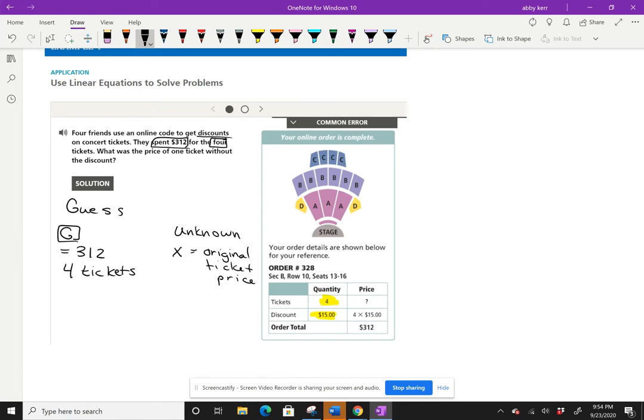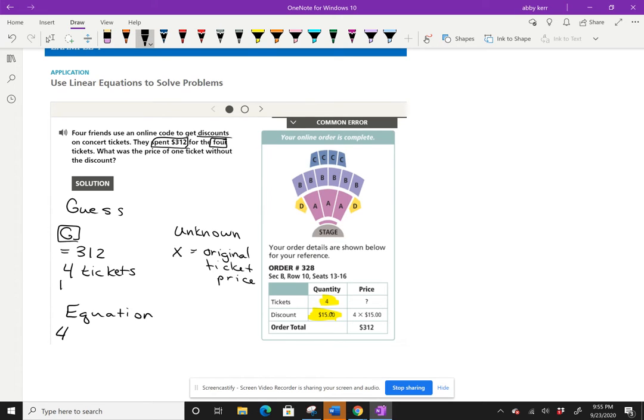So we know that there was 4 total. So this is where we have to make our equation. We know that there's 4 total tickets, so we have to multiply something by 4. Now let's look again. We have this $15. Now let's think about it. 15 is like a takeaway. It's a discount. So it's being subtracted.